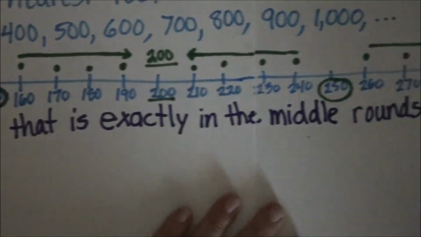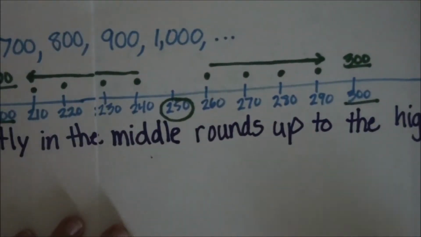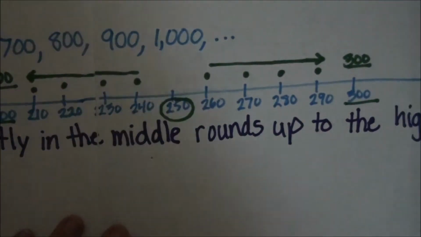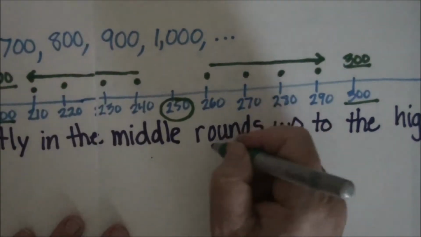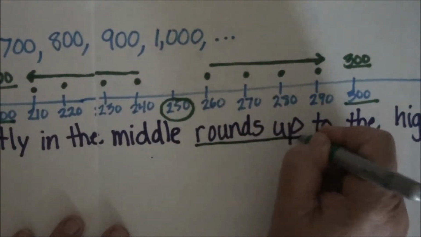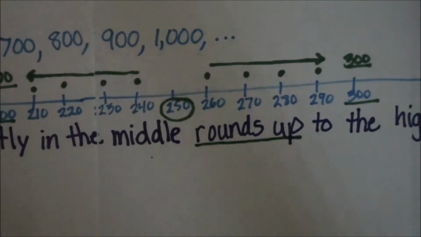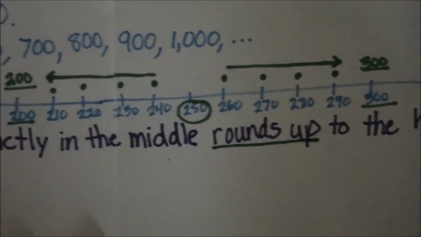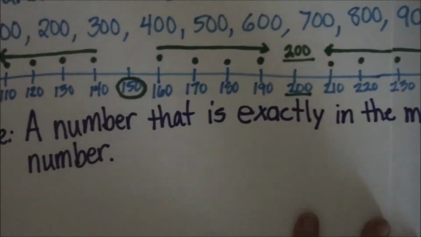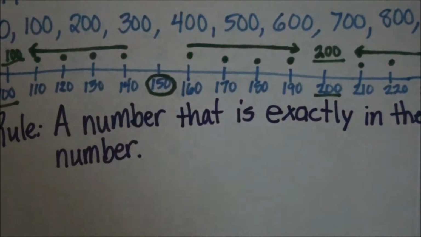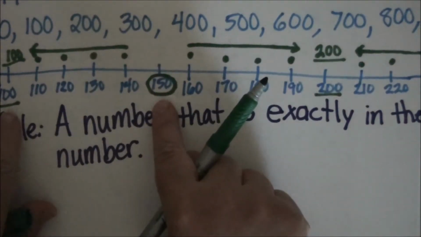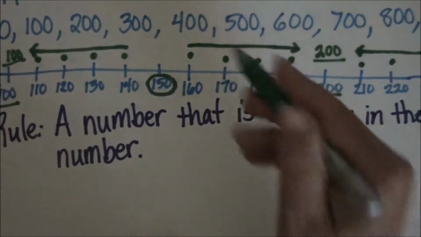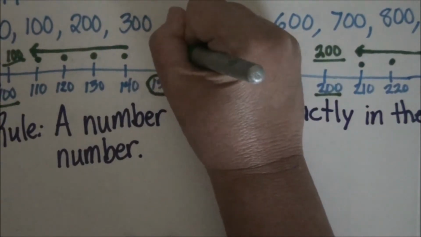Let me slide this over again. We see that word rounds up to the higher number. Any higher number? No, the next 100 in this case. So, considering that rule, let's look at 150. 150 is exactly in between 100 and 200, so it rounds to the higher number.